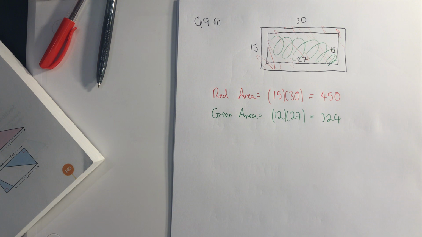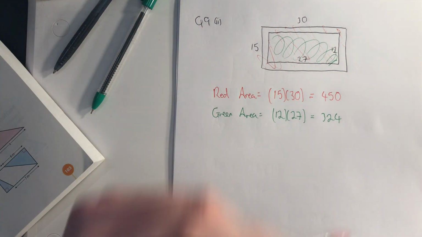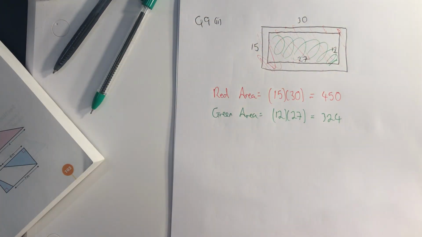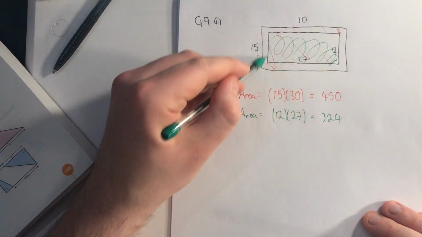Now that's the two different areas worked out. We've worked out the total area, the big area, which is the red area, and then we've worked out this green area, the area of the part in the middle.